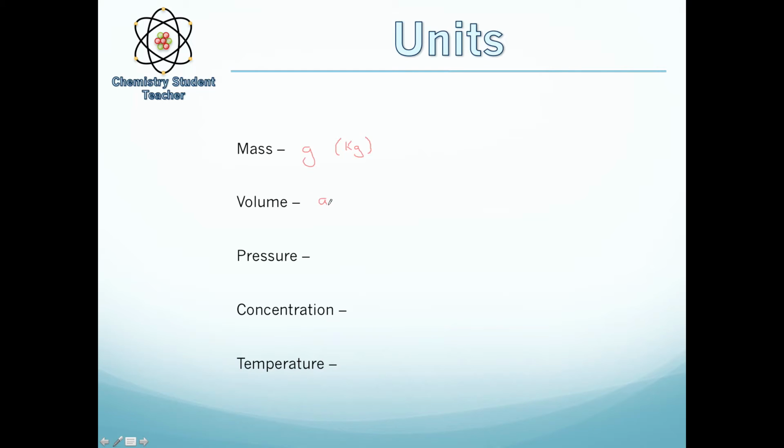Now volume. When we're talking about an aqueous state, usually it's centimetres cubed, which is the same as a milliliter, but centimetres cubed is more correct in terms of chemistry. Or sometimes we can talk about decimetres cubed, where 1,000 centimetres cubed is the same as a decimetre cubed. However, when we're talking about gases, we use metres cubed. And the SI unit for volume is actually metres cubed.